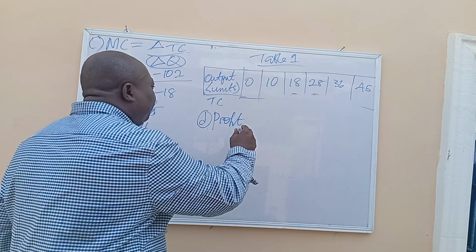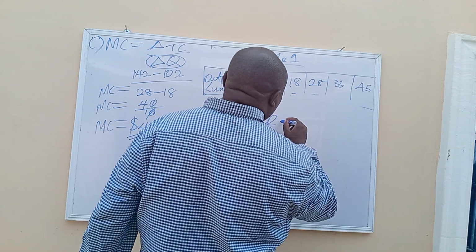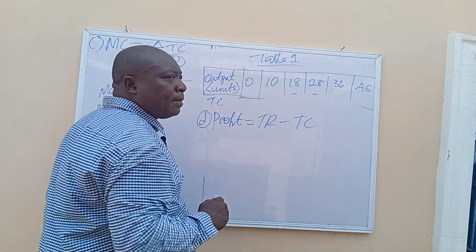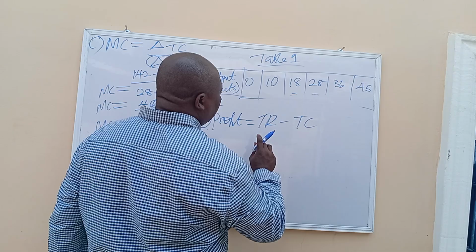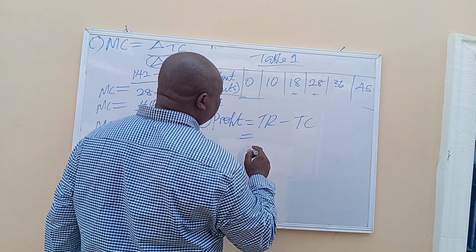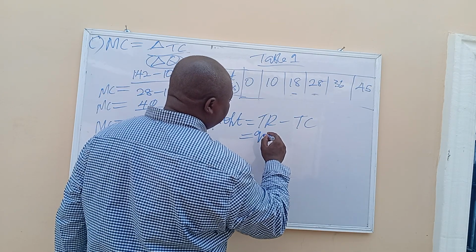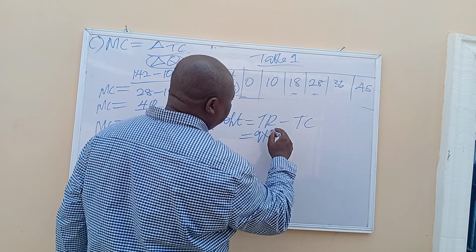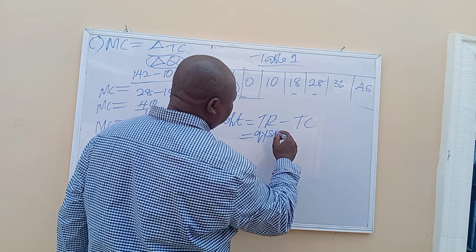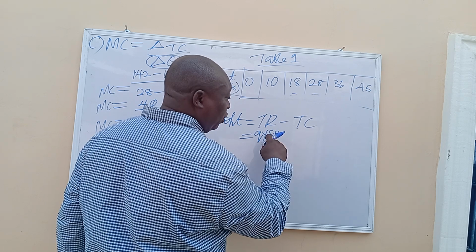Now, to get profit is total revenue minus total cost. Then the total revenue is what? Quantity times what? Price. Okay, selling price.